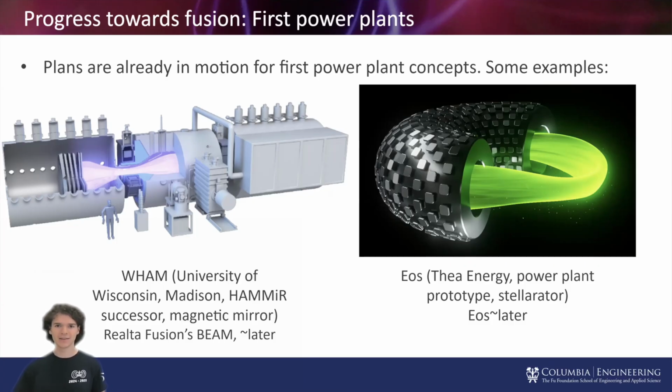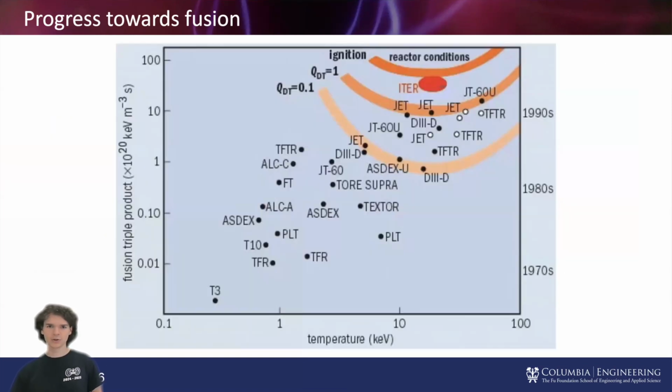Timeline is not as clear, probably a bit later than ARC and Spark. There's much more funding in the tokamak realm at this point than there is in the stellarator realm, although in private industry, many companies are being quite well funded on both sides, stellarators and tokamaks, thanks to the private industry funding sector, whether that's venture capitalists or something similar or private investors.